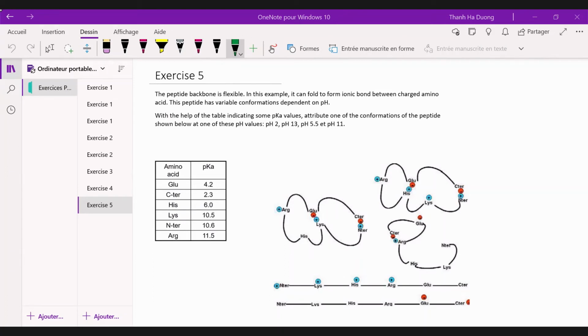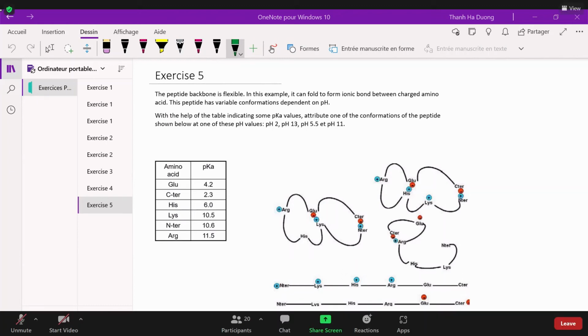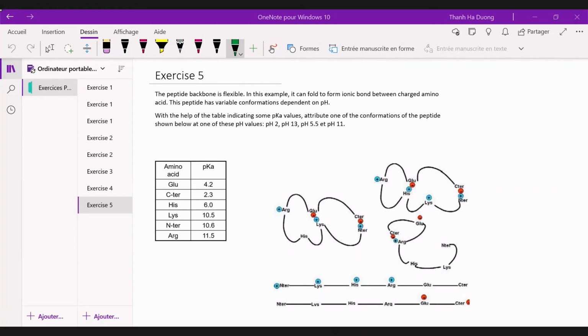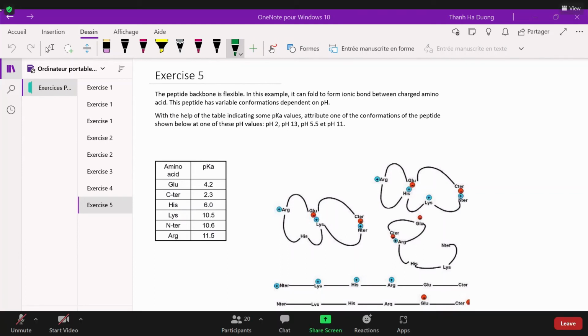Okay. Can you do that for homework, or should I explain just this exercise for one peptide? We can have the correction next week. Is it okay? Okay, next week you have to do that as homework.